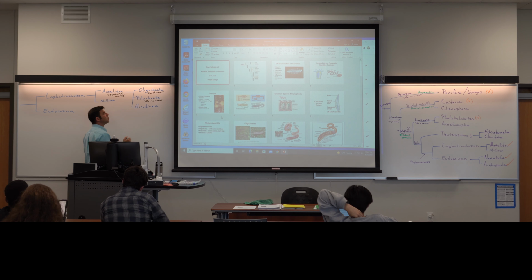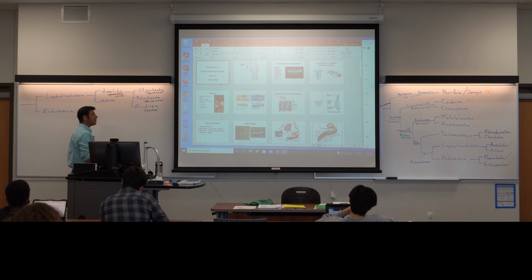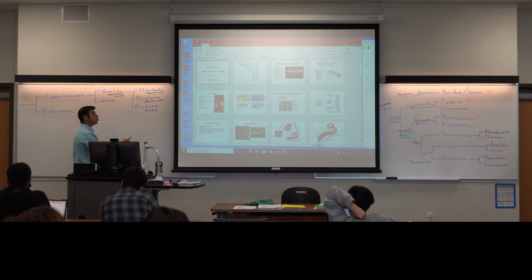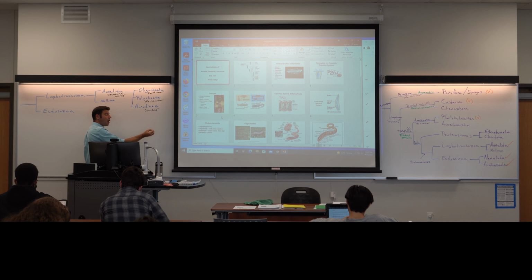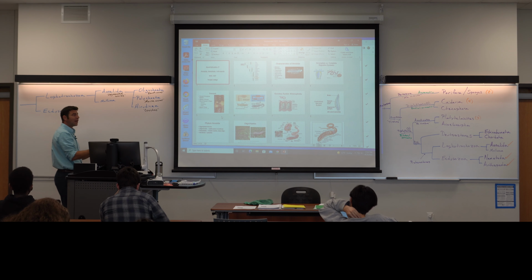So we're going to find them in the oceans. And then Hirudinea, this weird sounding group, are going to be the leeches. These are segmented worms that produce an anticoagulant called hirudin. So the entire class is named after that hirudin compound that prevents your blood from coagulating and allows these organisms to drink your blood.